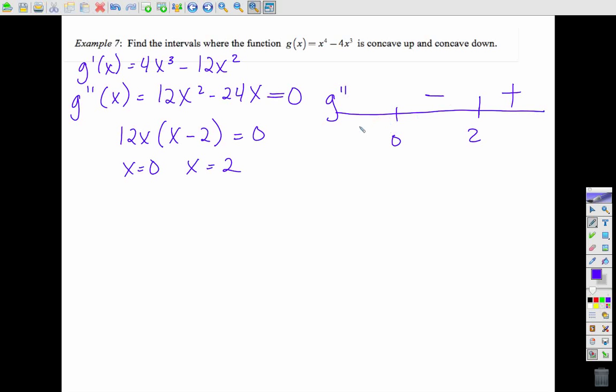Well, that's a negative number. Now, if we plug in anything negative, we get 12 times that negative number squared. Well, that makes a really big positive. Minus 24 times the negative number, which gives us a positive number anyway. So we're back to positive.